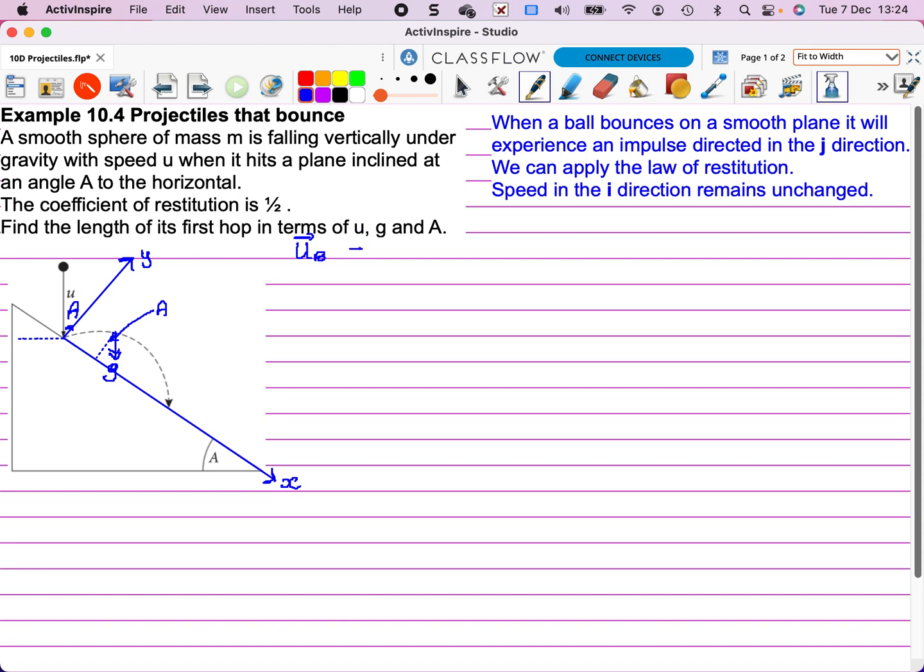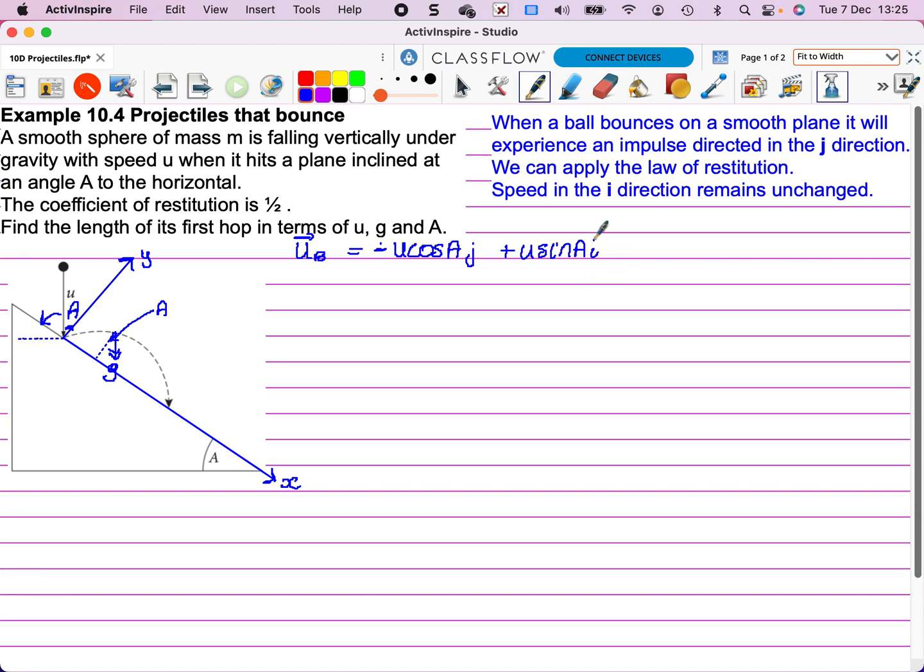So it's going to be equal to u cos of the angle A. Now that's going to be in the J direction. It's going to be negative. And if you resolve away from the angle, you're going to get u sine of the angle A in the I direction.